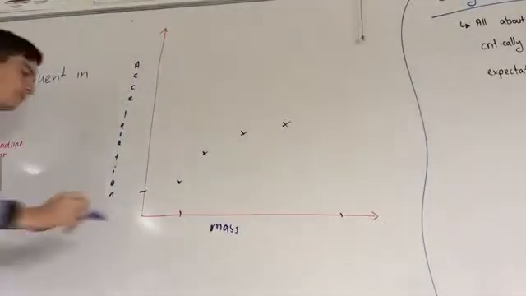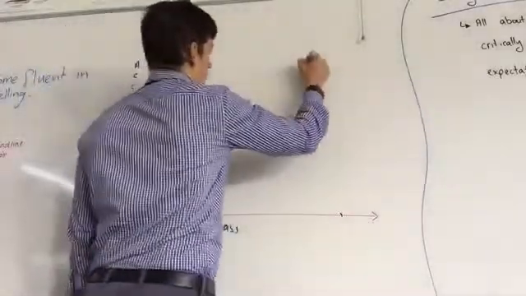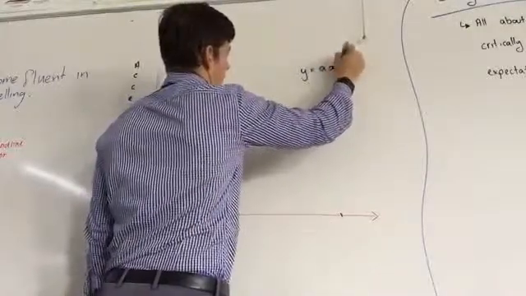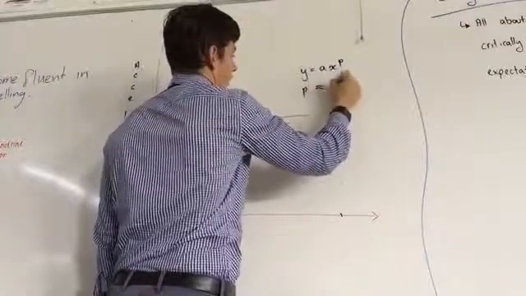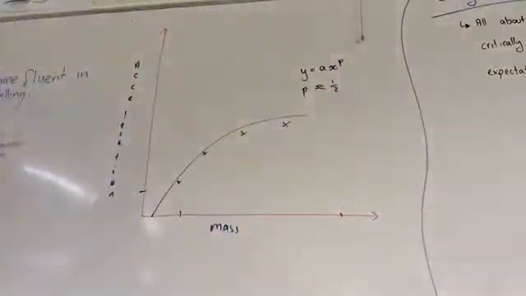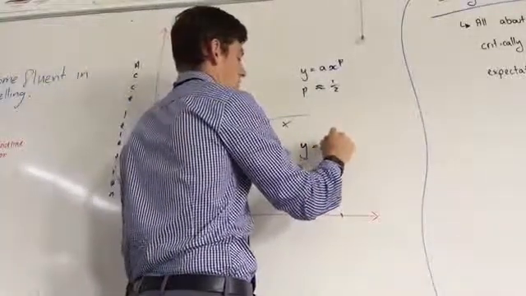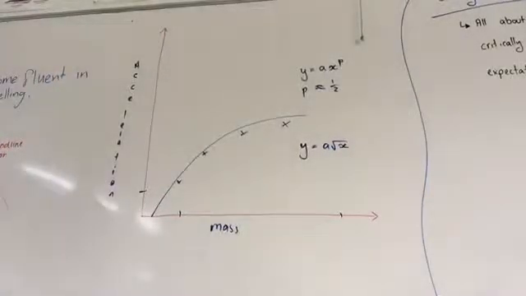We're going to use a power, x to the p, where p equals approximately a half. What that really means is y equals a times the square root of x. Are we happy with that?